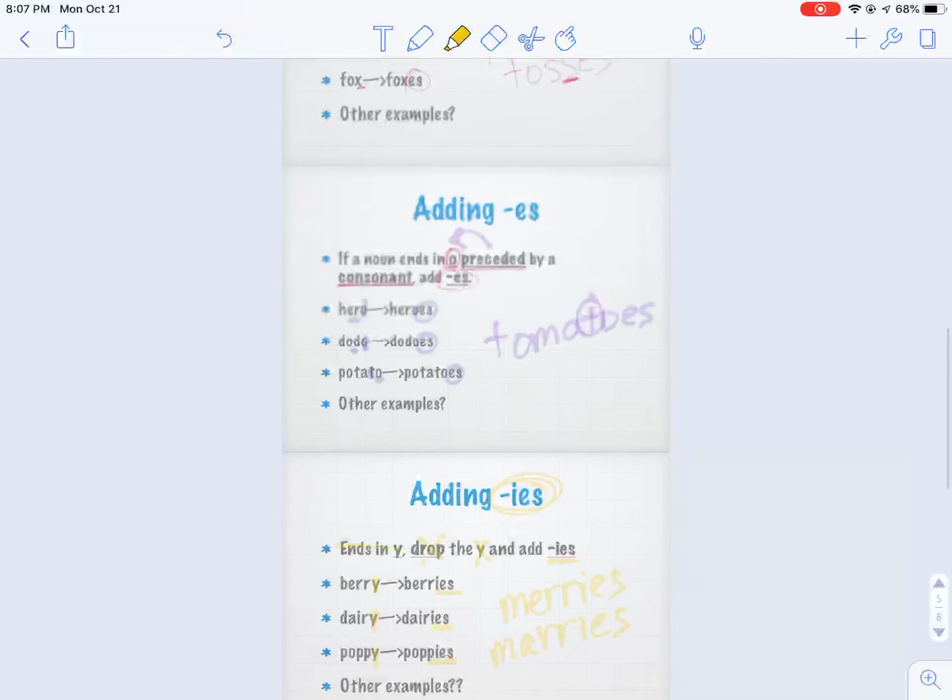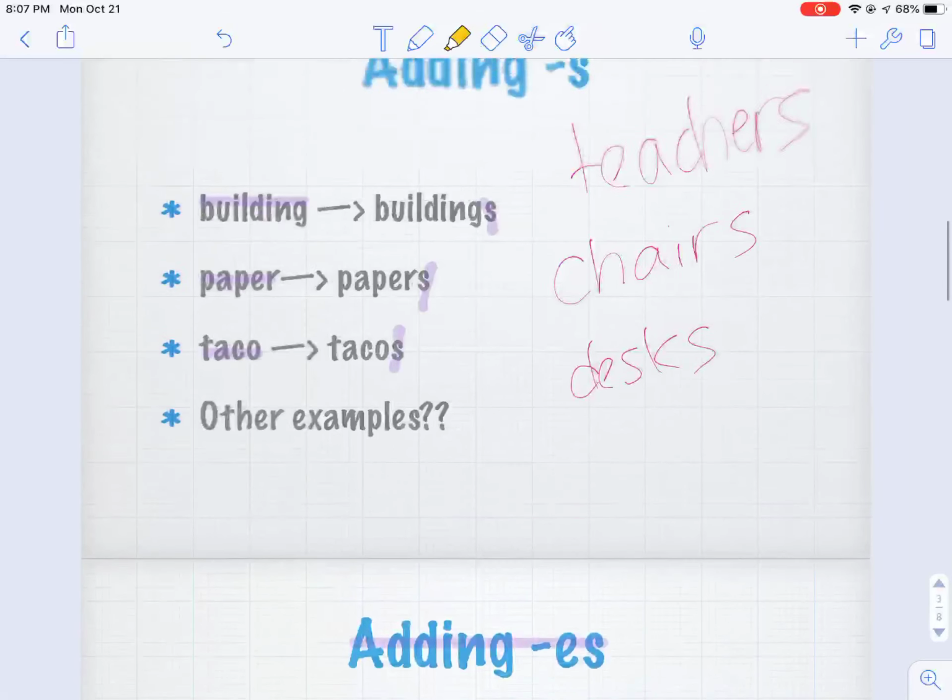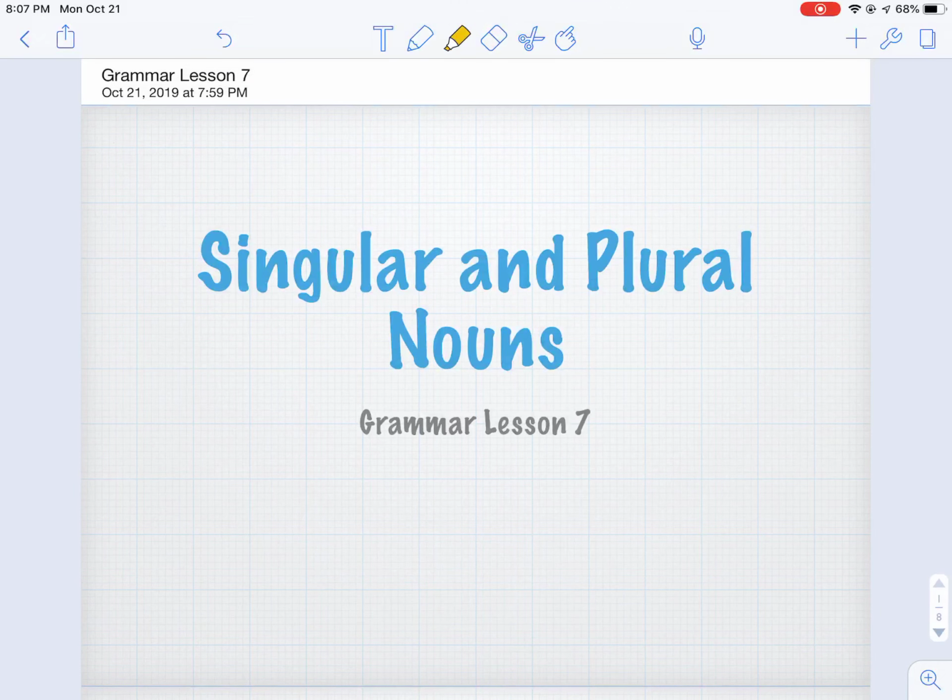All right, so that's all I have for this lesson. I'm going to go ahead and post this so you have access to it while you do your grammar. Your grammar homework for tonight is grammar 7.2.